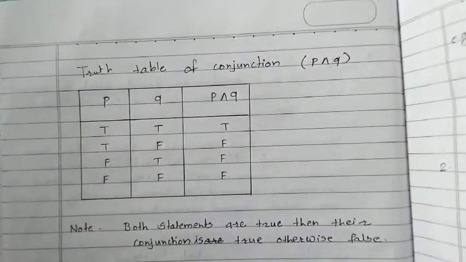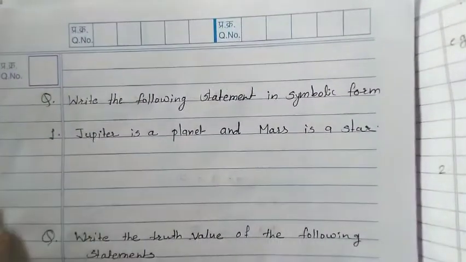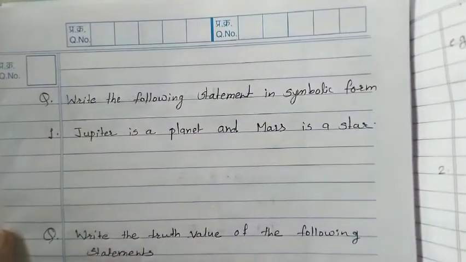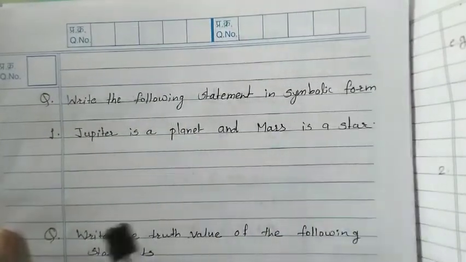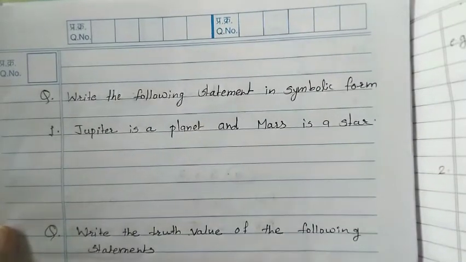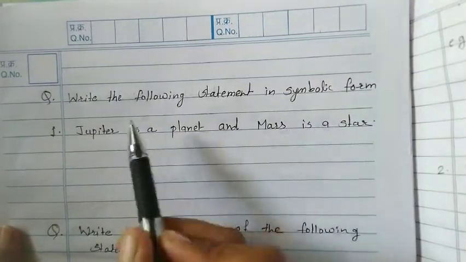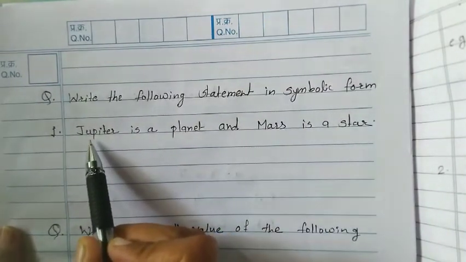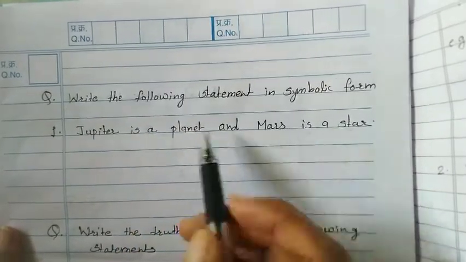Now see the examples. Here you are asked two types of questions in the examples. First, write the following statement in symbolic form, and another, write the truth value of the following statements. Now look at the first example. Write the following statement in symbolic form. First example, Jupiter is a planet and Mars is a star.